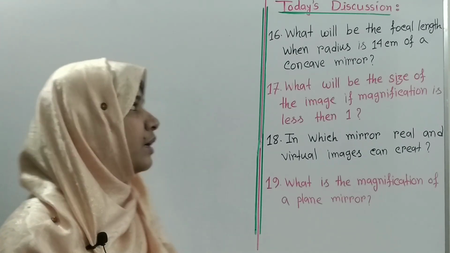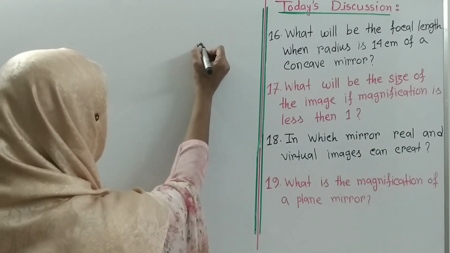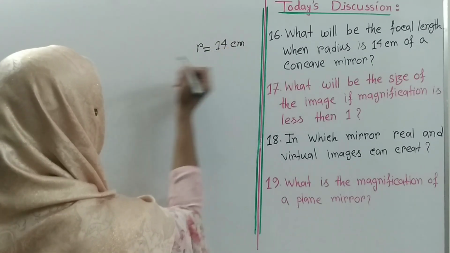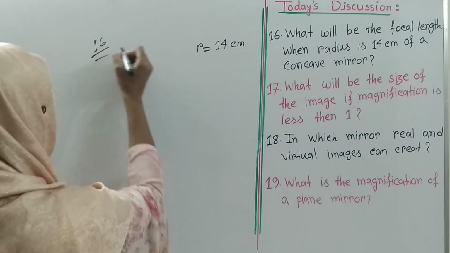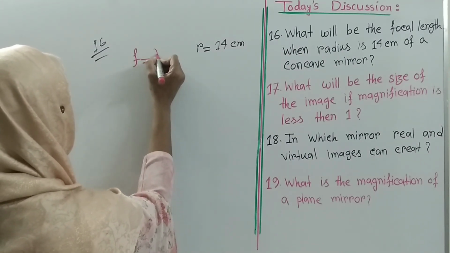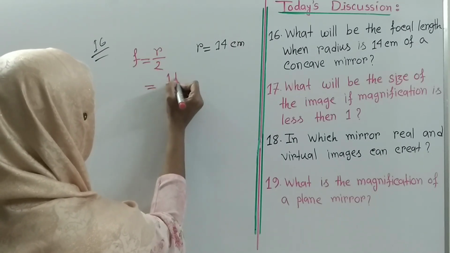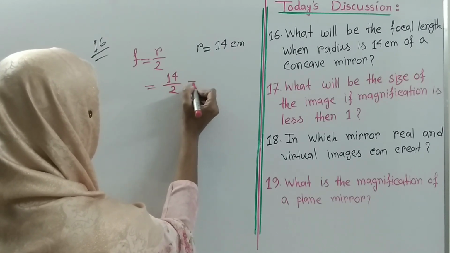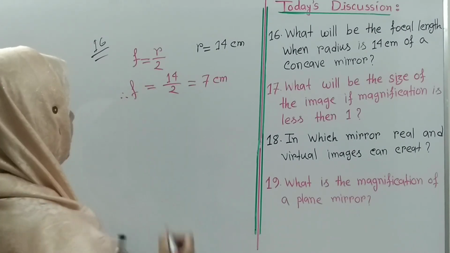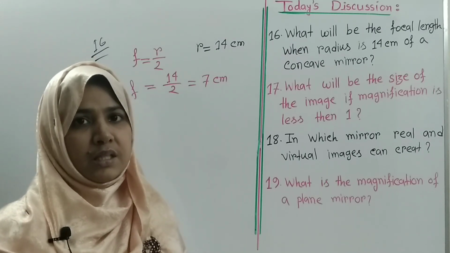That means the given information is radius of curvature, R is equal to 14 centimeter, and we know that the formula is F is equal to R by 2. So, 14 divided by 2 is 7 centimeter. So, the value of focal length will be 7 centimeter if the radius of curvature of a concave mirror is 14 centimeter.